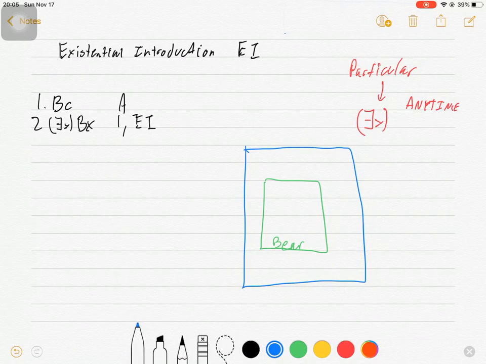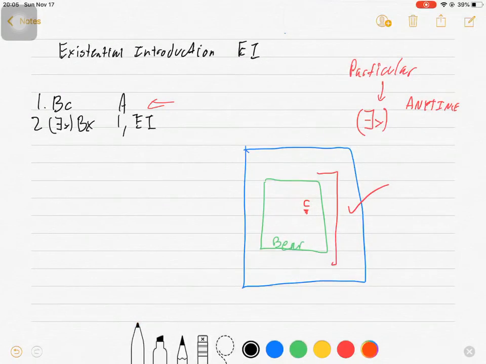And within that bear box, we have Callie. Now, in this case the assumption is, for the real world, we know that we do in fact have Callie, and Callie is a bear. So does it follow that there is something out there in the world that is a bear? Necessarily so. If Callie is a bear, then something must be a bear.